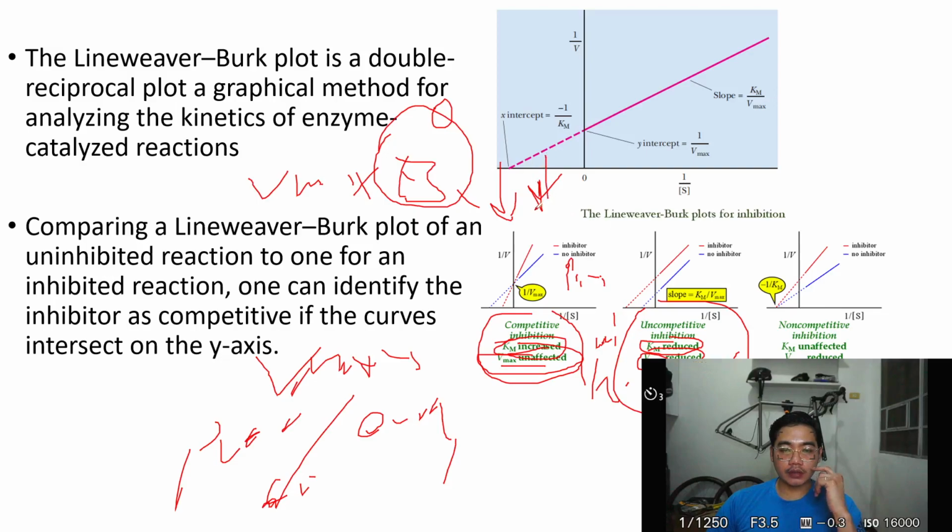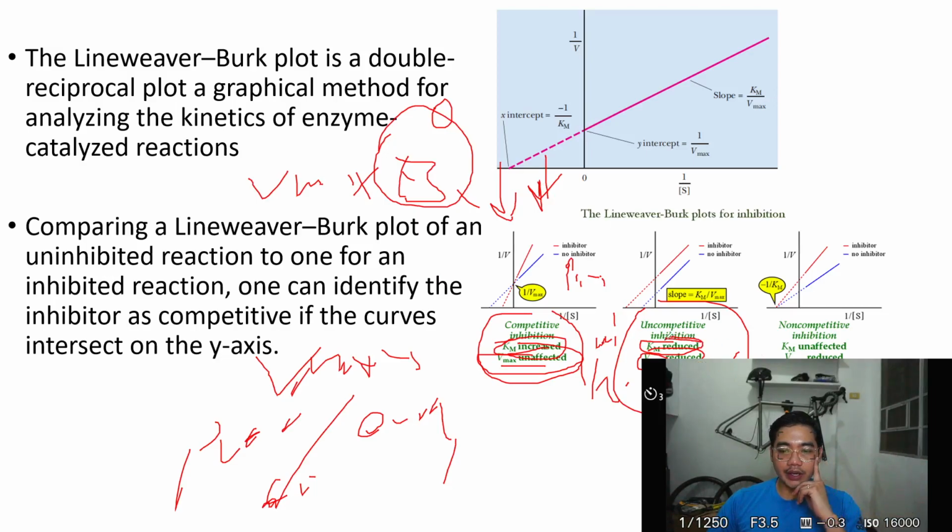So since it went down, your enzyme complex decreased because your activity decreased. So its maximum saturation also decreased.